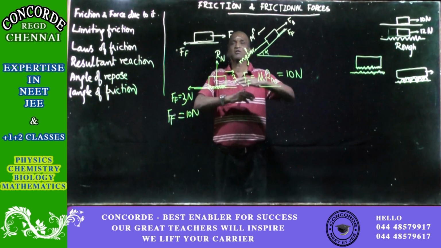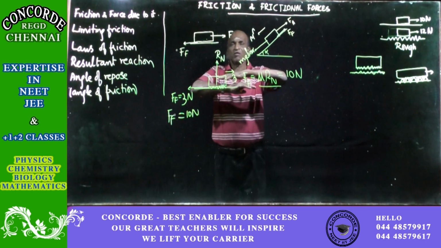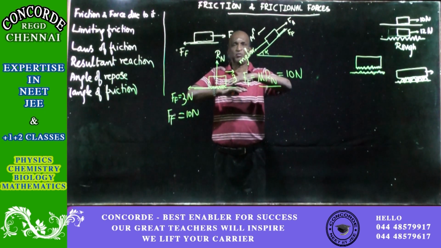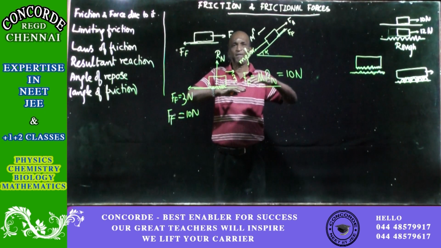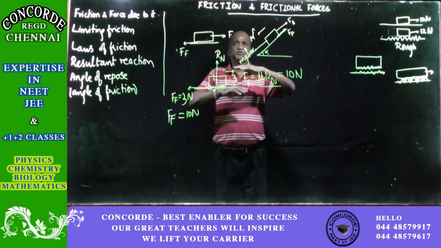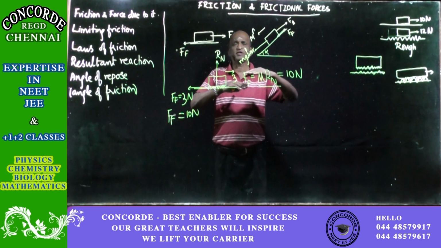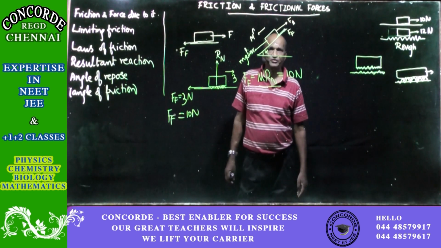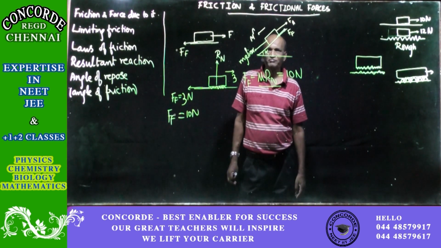When 2 bodies are moving, say the table is moving with 2 meters per second and the body is moving with 4 meters per second, the relative motion is 4 minus 2, equal to 2 meters per second. Opposing that relative motion, we have the frictional force.